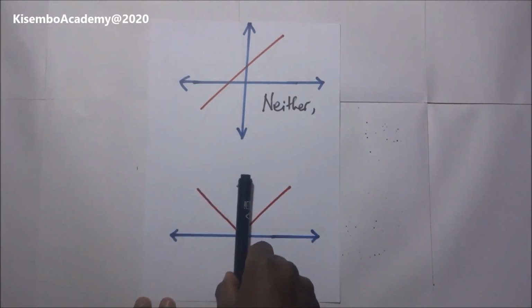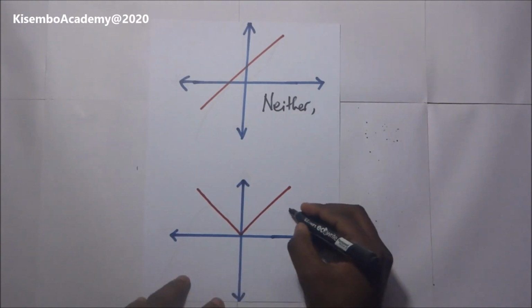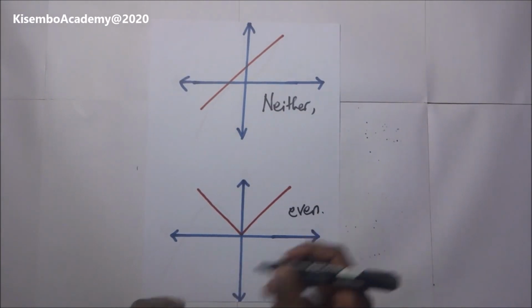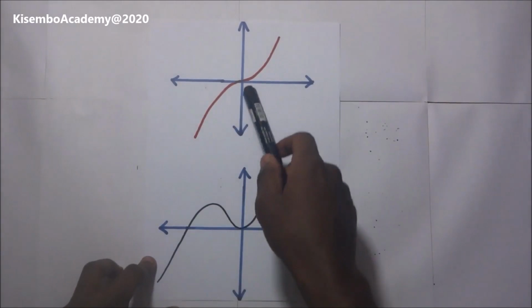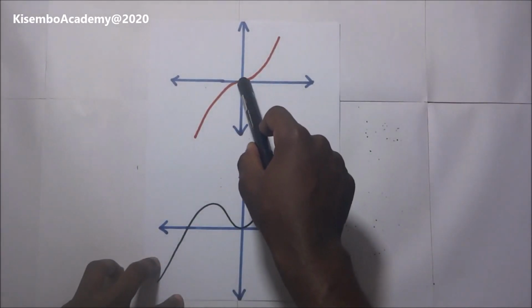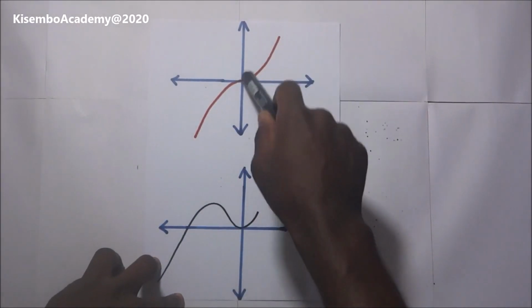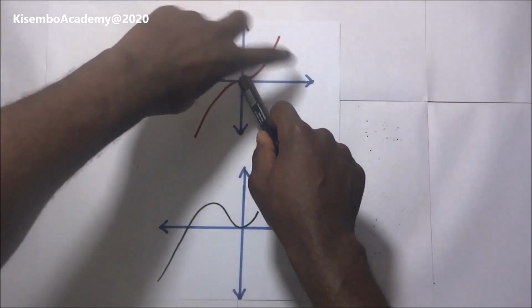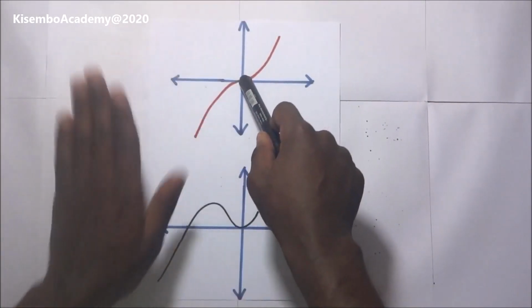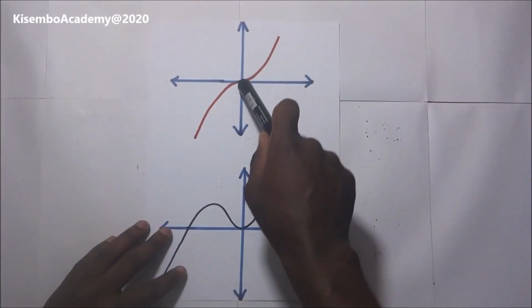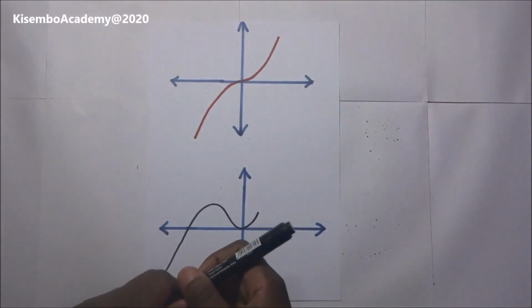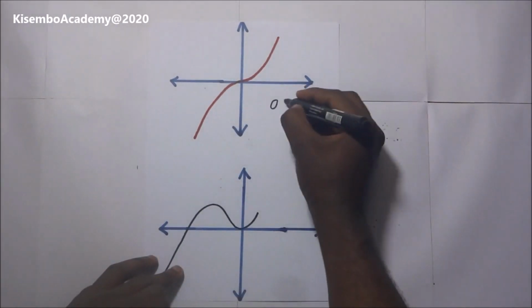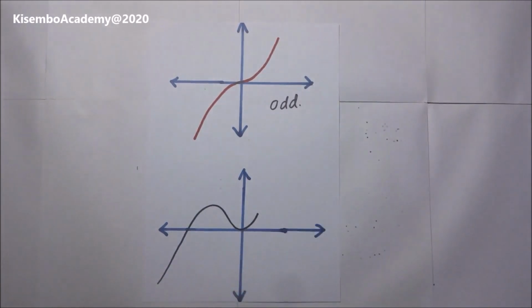So this makes it an even function. Looking at this one, it is symmetrical about the origin. If I was to rotate this graph by 180 degrees, it would look exactly the same. So because it is symmetrical about the origin, it is an odd function.